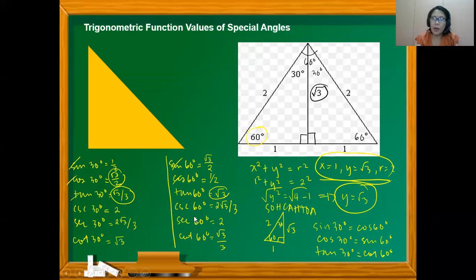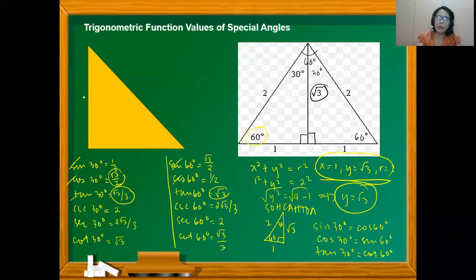Why? This is about cofunction identities. We know that the sum of 30 and 60 equals 90, so each pair I have mentioned are cofunctions of each other. So we will come up with equivalent values from each pair of cofunctions.